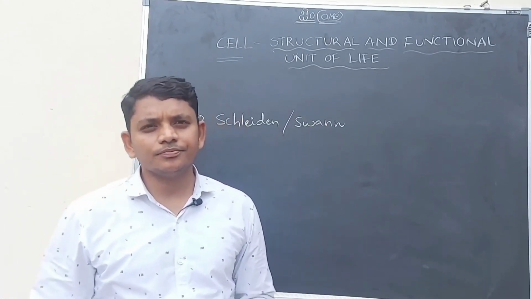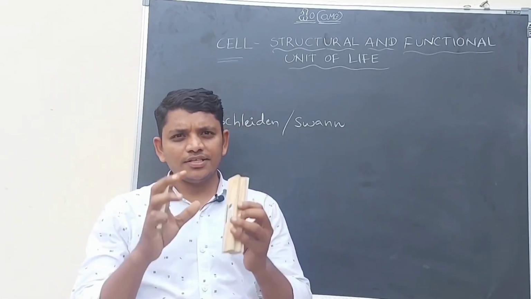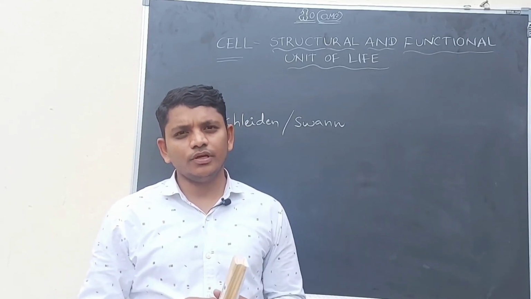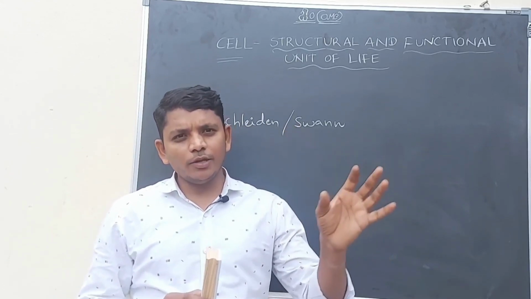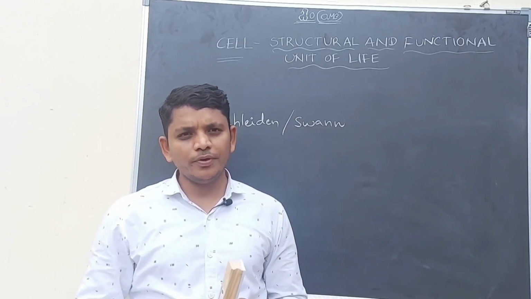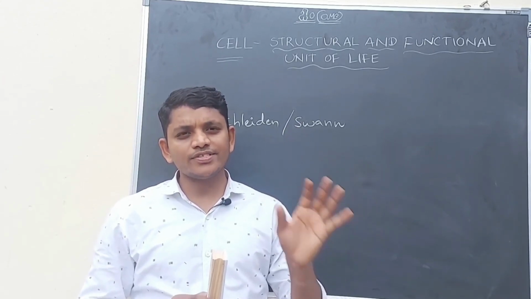In their theory, they said that the cell is the basic structural and functional unit of life, and all animals and all plants are made up of cells only, which means all organisms are made up of cells.